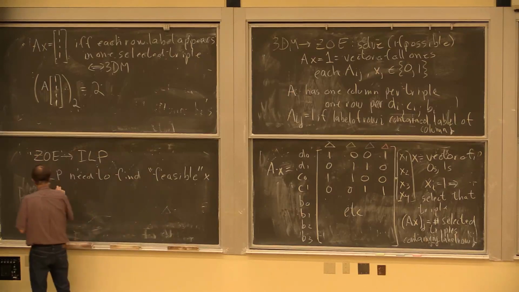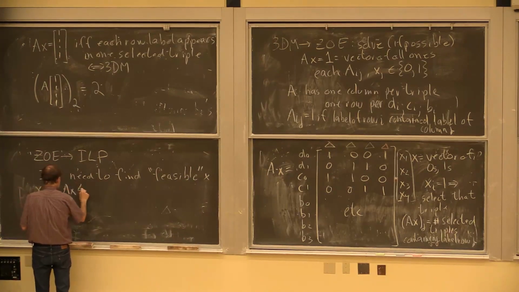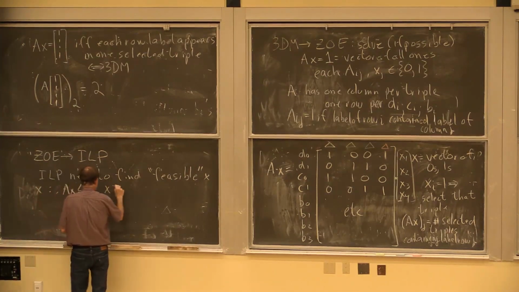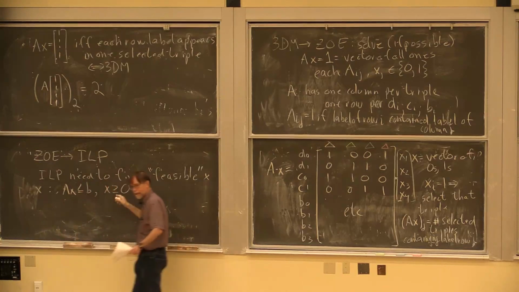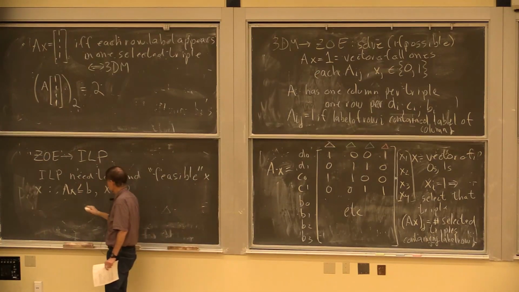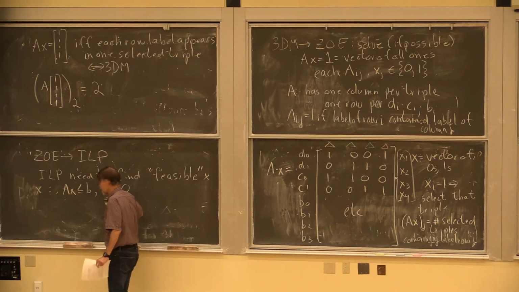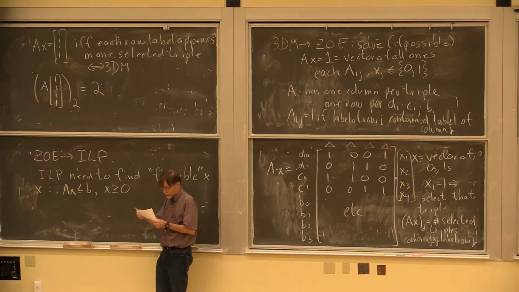And so that means x has to satisfy that a times x is less than or equal to b, and x is greater than or equal to 0. That's sort of the standard things we have to solve. So the question is, how do I build the 0, 1 equation problem into these, solving these inequalities?